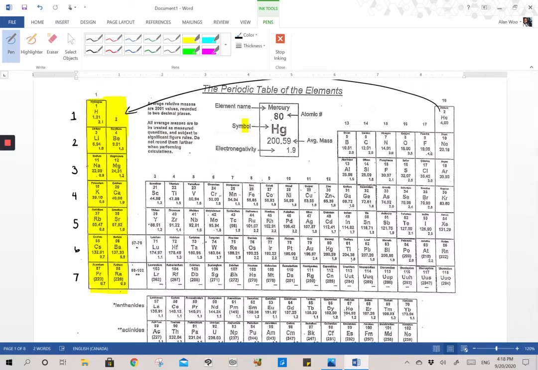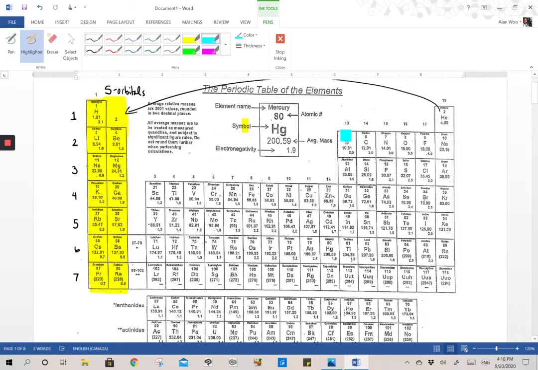So this whole yellow section represents your s orbitals. You have your 1s orbital, 2s orbital, 3s orbital, 4s orbital, 5s orbital, 6s orbital, 7s orbital. Okay. That part I think most of you guys understand.